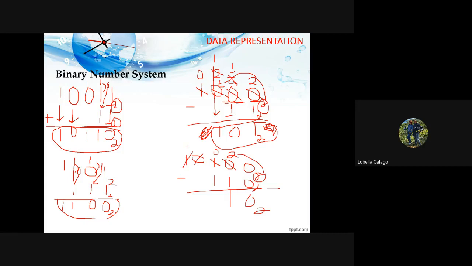So, ito ay 0 and ito ay 2. Magbabaro sa kanya, so ito ay magiging 1. And this one ay magiging 2. So, ngayon, 2 minus 1 is 1. Then, you bring down the 1. Yan, so yan po ang answer natin.